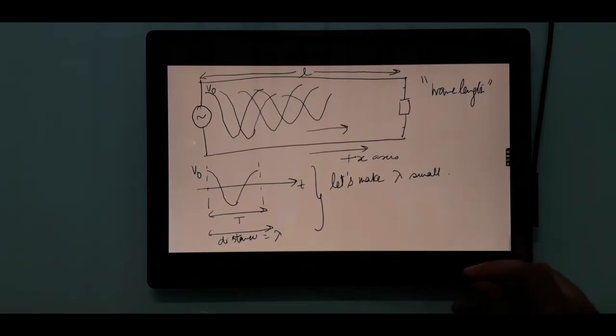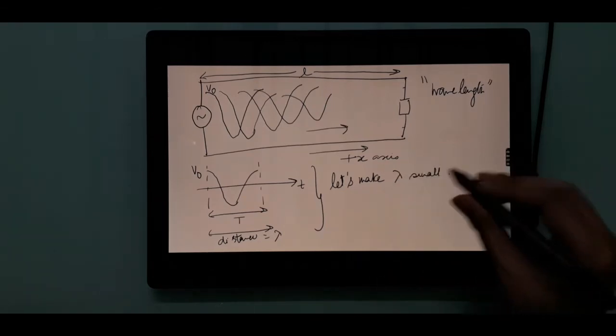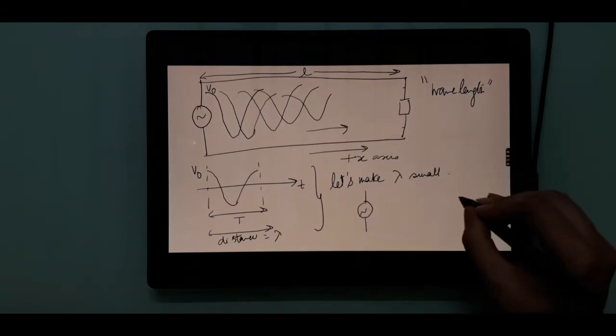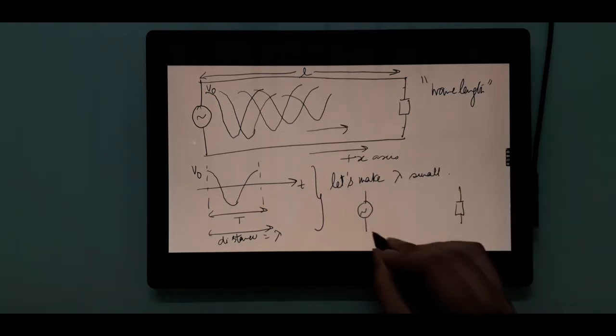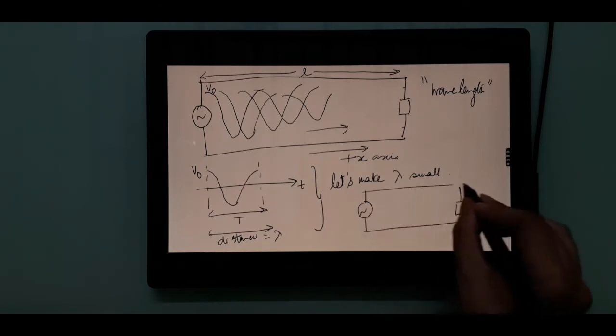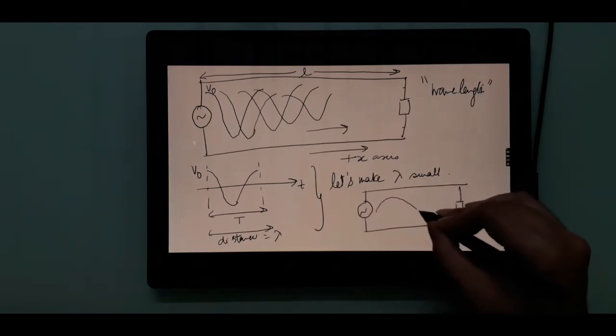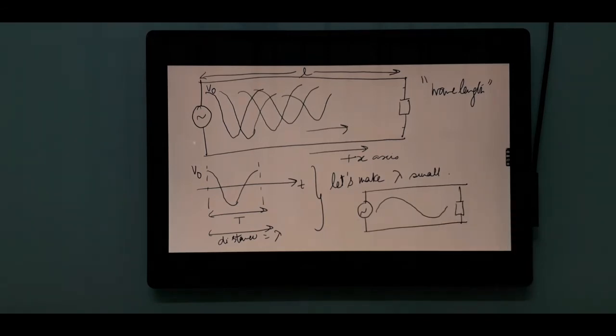In this case, if lambda becomes very, very small and comparable, this may happen. This is when the wavelength becomes exactly equal to the length.